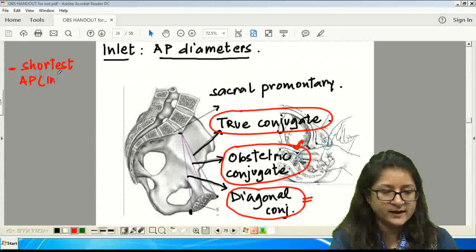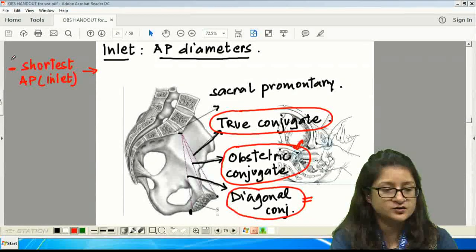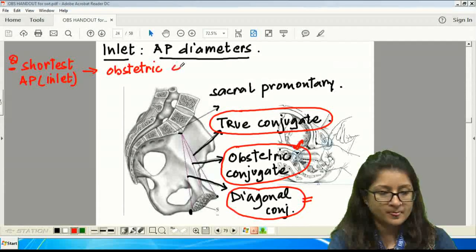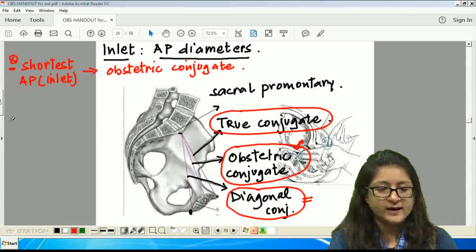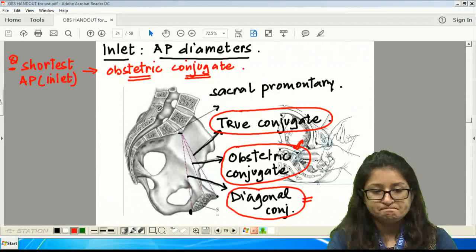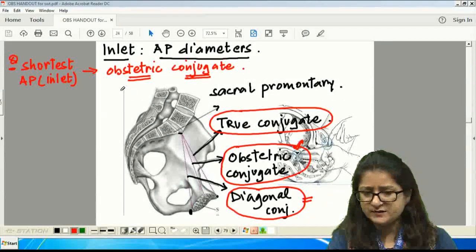If they ask you the shortest AP diameter of the inlet, that is the obstetric conjugate. In fact, this obstetric conjugate is very important.